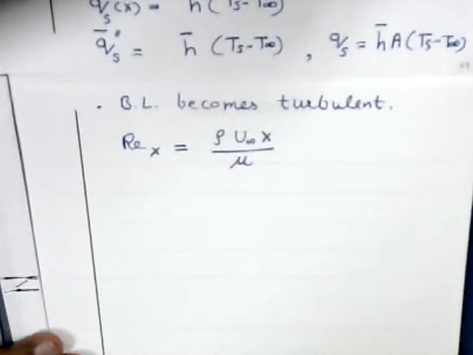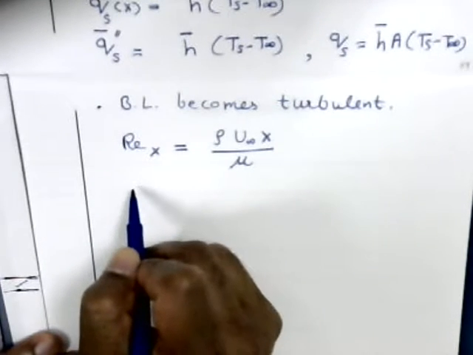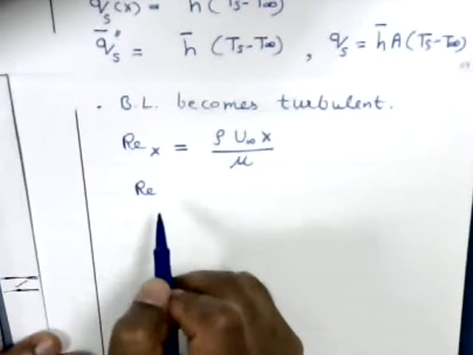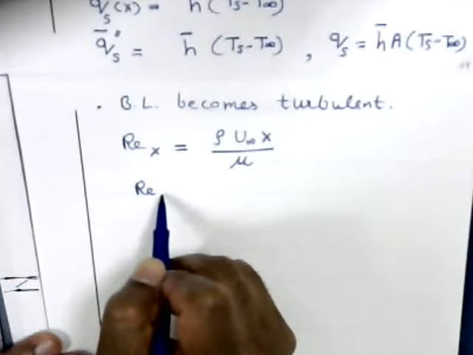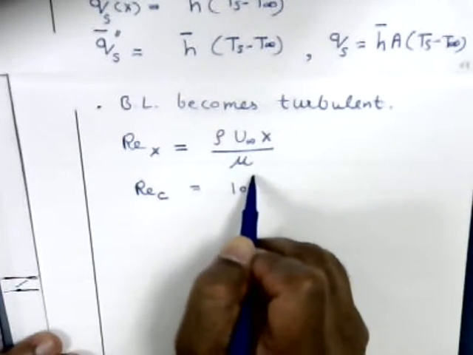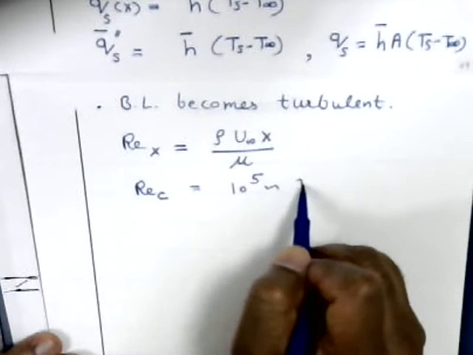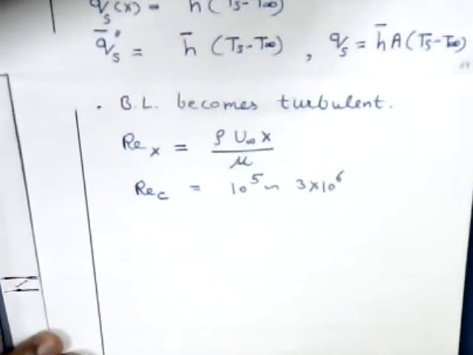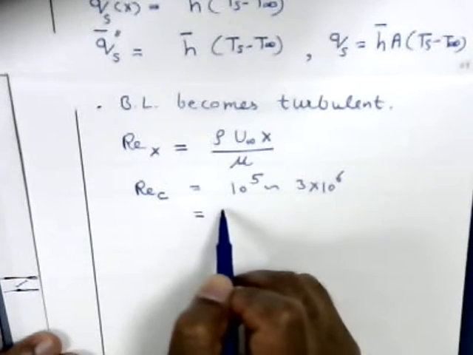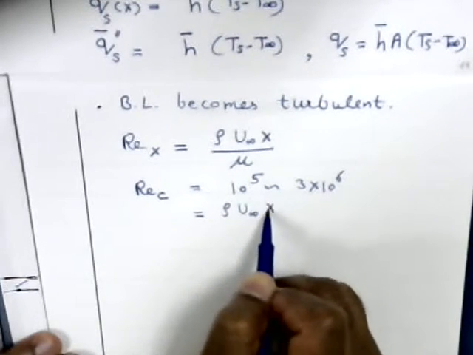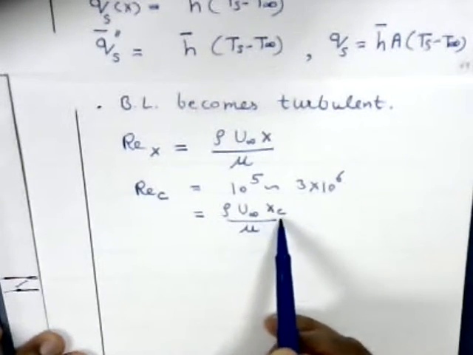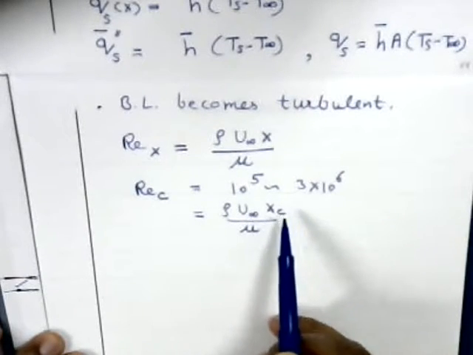If we define Reynolds number in this way, it becomes turbulent when this Reynolds number, which we call the critical Reynolds number, Re_c, is in the range of 10 to the power 5 to 3 times 10 to the 6. So this Reynolds number is just rho u infinity xc over mu. The boundary layer becomes turbulent at the value of xc.